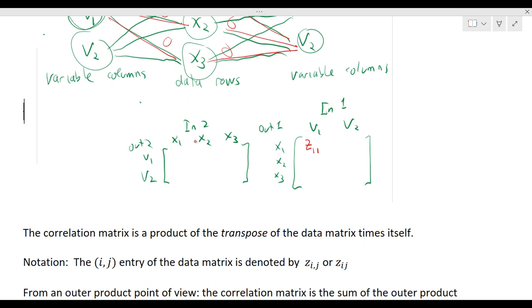Right, so the ij entry of the data matrix is denoted by zi, comma j, or zij. They sometimes use different letters besides z, but the use of subscripts is common. Right. So in this case, this is first row, first column, so it's z11, first row, second column, z12, this is z21, z22, and then z31, z32.